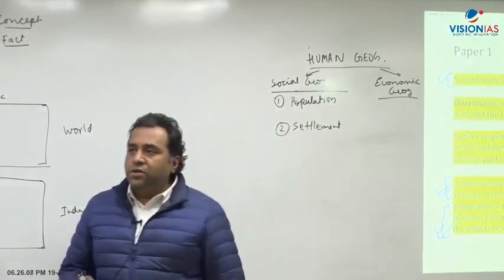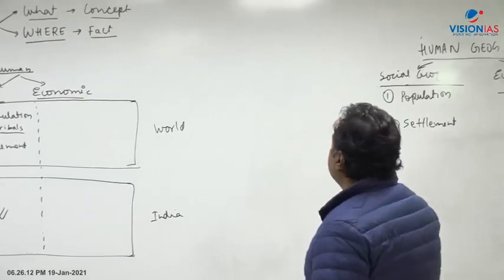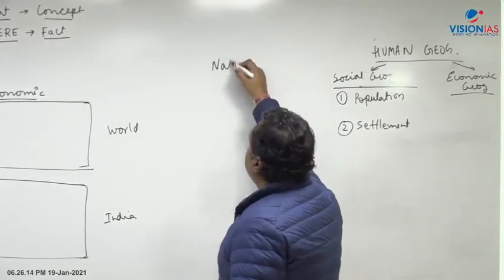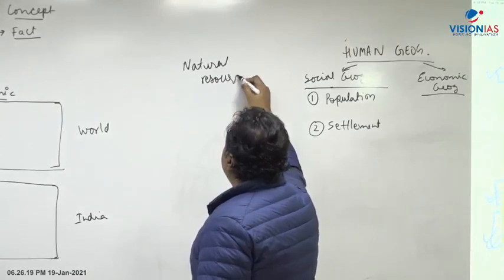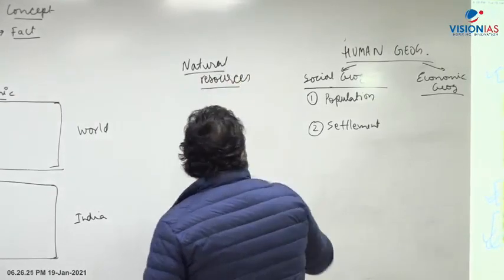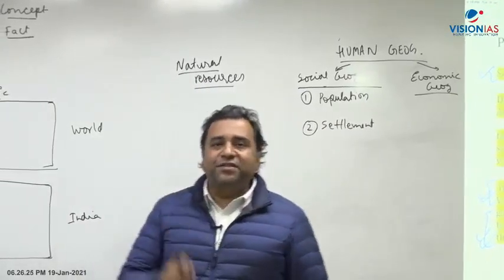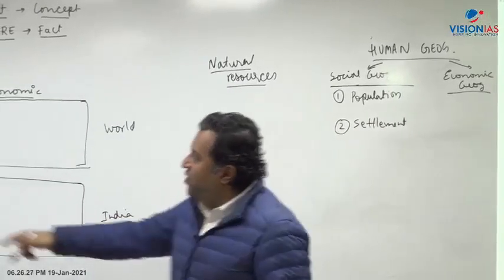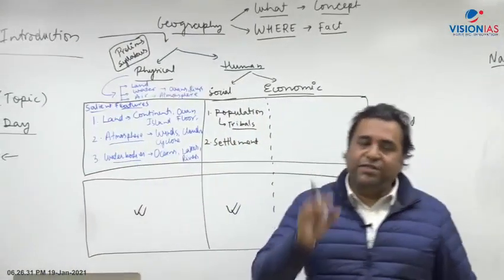Okay. So in nature, when we say natural resources, which are the natural resources that we have? Natural means something that exists in nature, and when I say it exists in nature, it will be available where? In the land, in the atmosphere, in the water bodies. That's where it will lie.